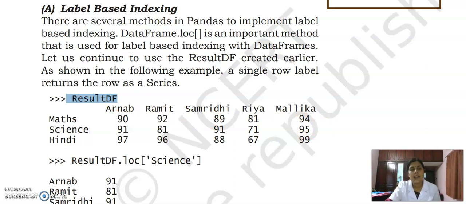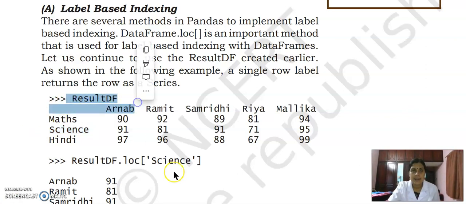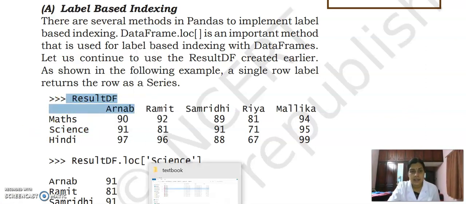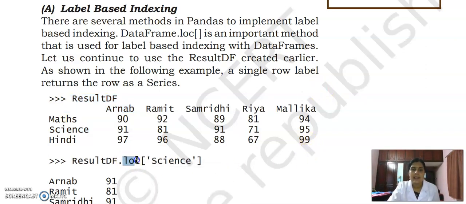Then how can we access the element? Suppose we want to access the values of the science subject. If your science teacher came and she wants to access science marks, then how can we access? This is our data frame name, result DF, followed by the dot operator and LOC. LOC is a method.